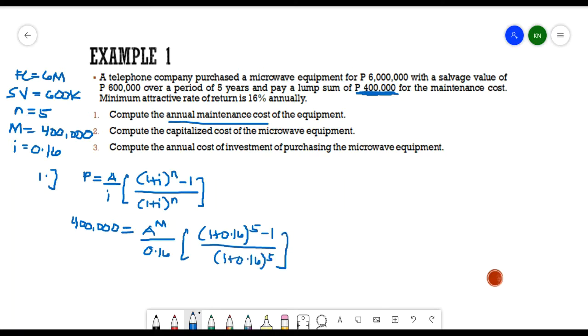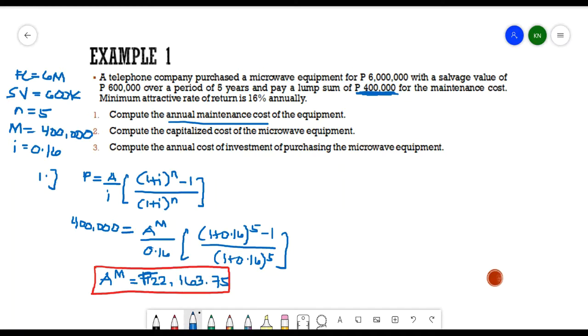If you try to calculate this one, the annual maintenance cost is equal to 122,163.75 pesos. So this is now our annual maintenance cost.